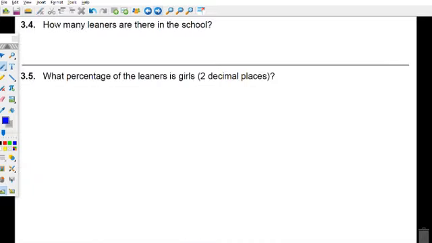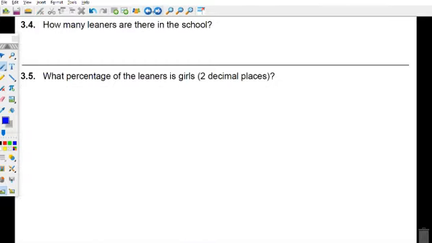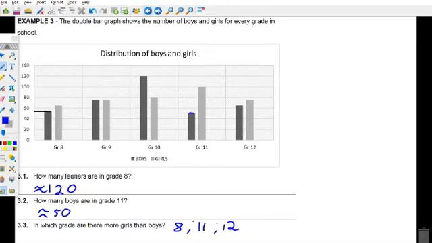So how many learners are in the school? We're going to add up all the things together. To do that, we're going to take all the girls. So in the first one, there's roughly, I'd say 65, plus 75 in grade 9, plus 80 in grade 10, plus 100 in grade 11, plus, I'd say 75 also in grade 12.